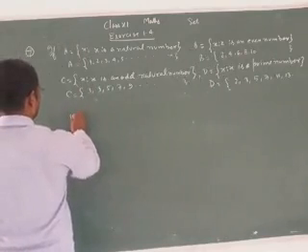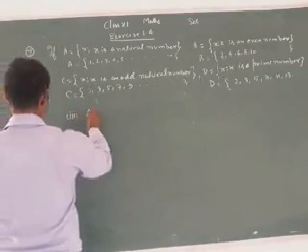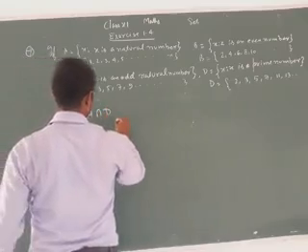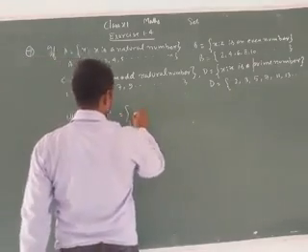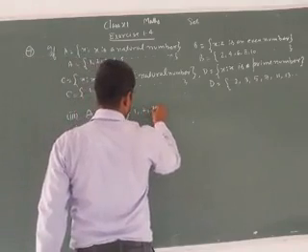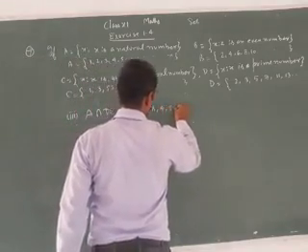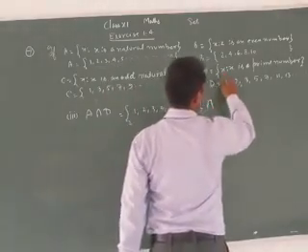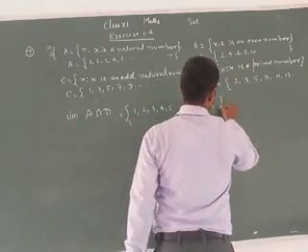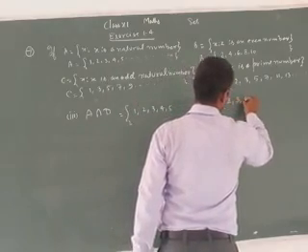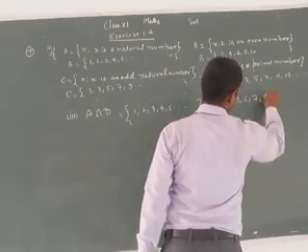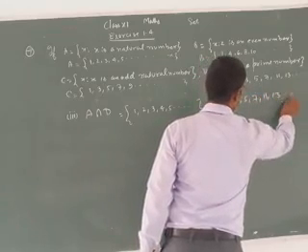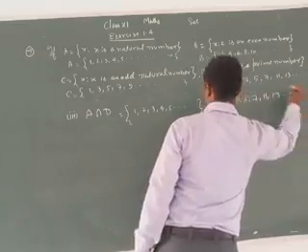And the third part, A intersection D. A is 1, 2, 3, 4, 5, and so on, and D has the elements 2, 3, 5, 7, 11, 13, and so on.